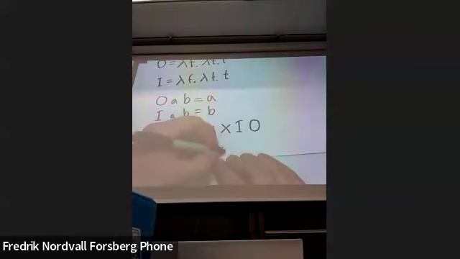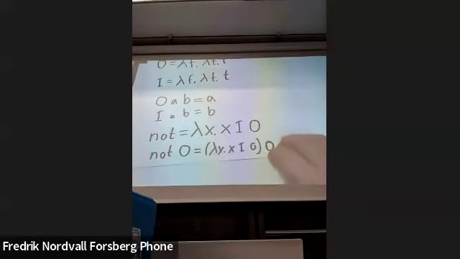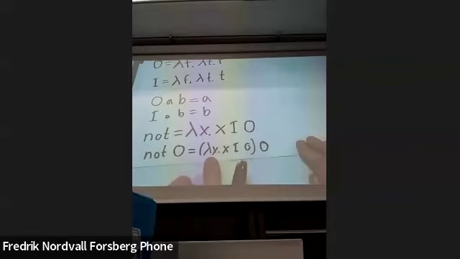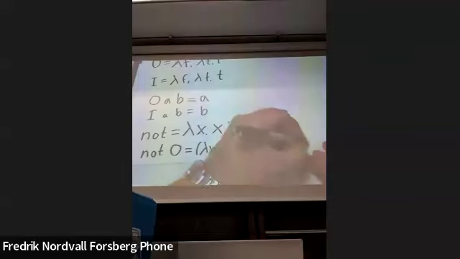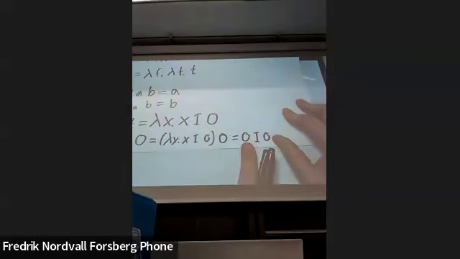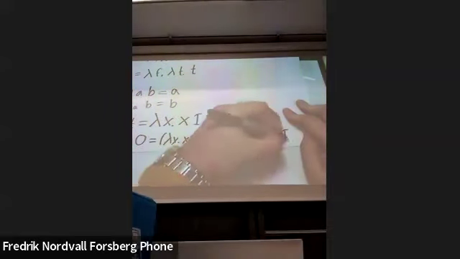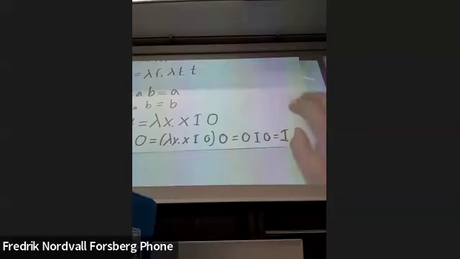That's lambda x applied to I, O applied to O. Okay, then I have an application of a lambda to an O, so this is going to be O I O. It's a bit McDonald's, but that's O applied to 2 things, so I know that that's going to be the first thing, which is I. So indeed, the not of false was true, as I wanted. And it's not very instructive to do the other one as well. It's going to be exactly the same, flipped around.